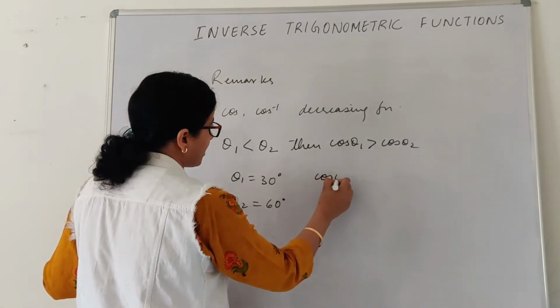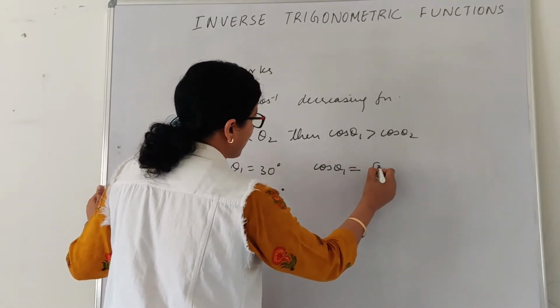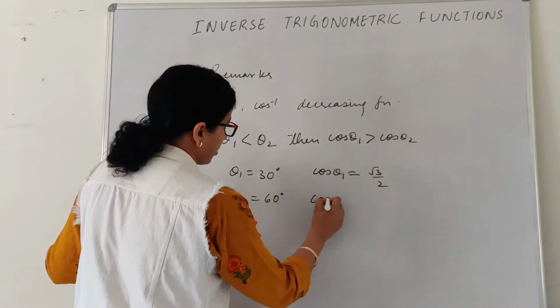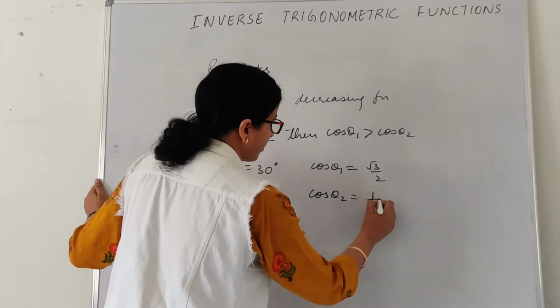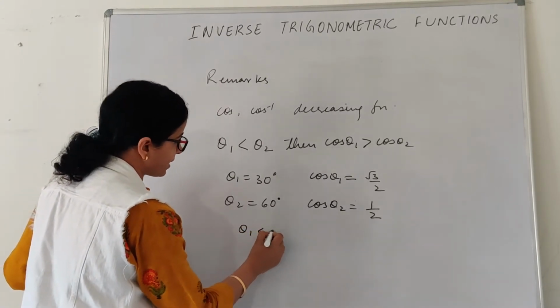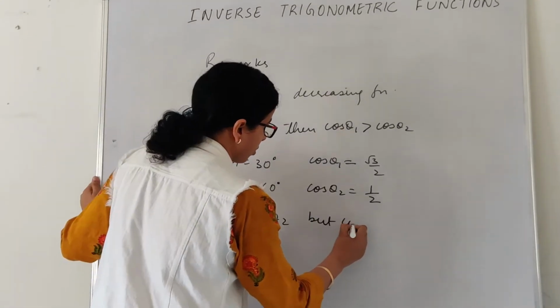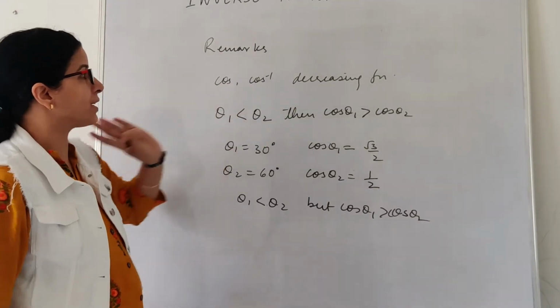So cos theta 1 is what? Cos 30 degrees is root 3 by 2. Cos theta 2, 60 degrees, means 1 by 2. So now theta 1 here is less than theta 2, but cos theta 1 is greater than cos theta 2. So hence my cos is a decreasing function.